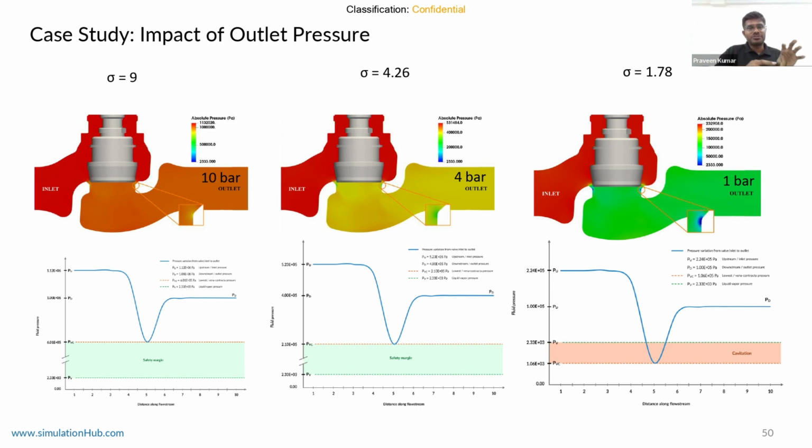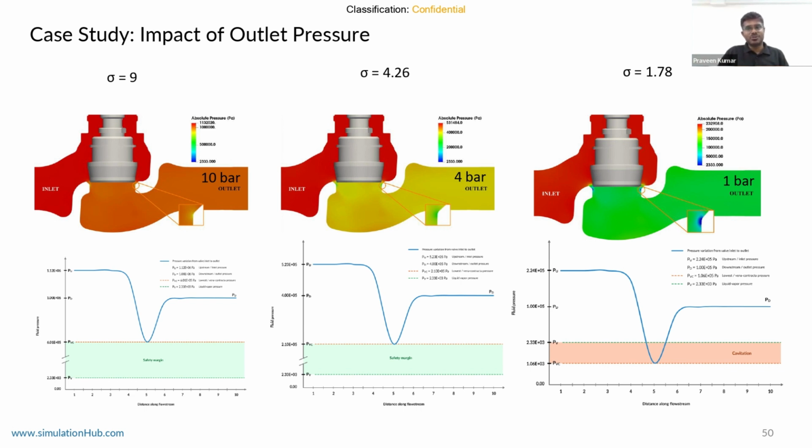What is the impact of outlet pressure? One of the methods to combat cavitation is to use the process condition or elevate the pressure. Here the same valve design is simulated with three different outlet pressures. Here the sigma, or the cavitation index, is higher.